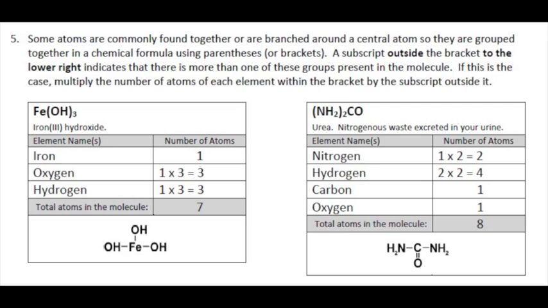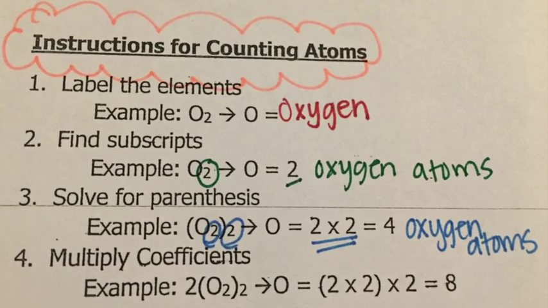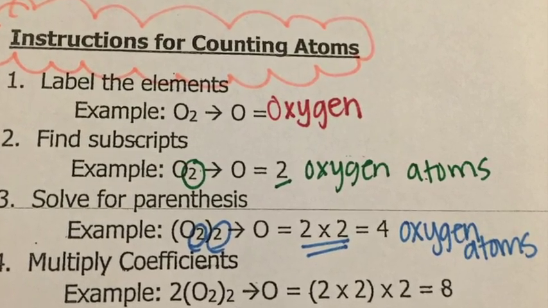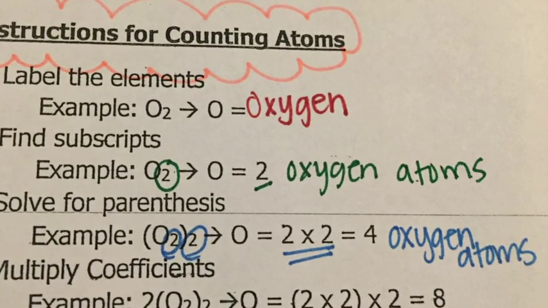Outside of the parentheses, there could be a subscript, and that indicates that there is more than one of that group present in the molecule. If there is a subscript outside of the parentheses, you would multiply everything inside of the parentheses by that subscript number. So once again, on the right side of your paper, our example, O2, if it was in parentheses with a 2 outside of it, we would do 2 times 2 for 4 oxygen atoms.